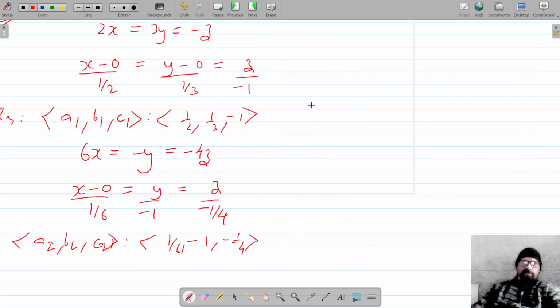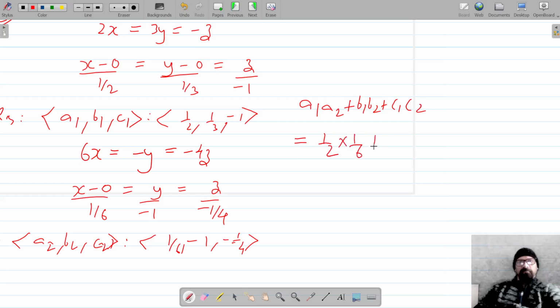Okay, and if I try to find the sum of the product of these direction ratios, this is half into 1 by 6 plus 1 by 3 into negative 1 plus negative 1 into negative 1 by 4.